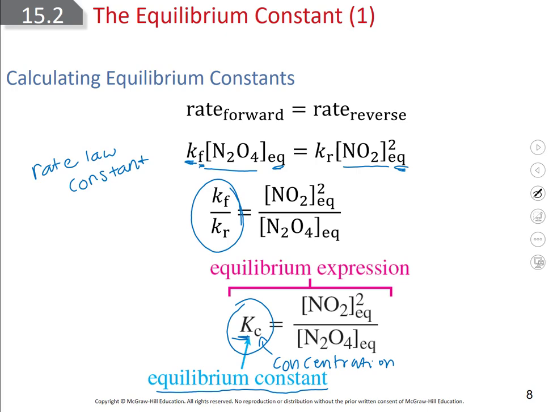So what we ended up with here was that this equilibrium constant was equal to NO2. Was that our reactant or our product from the original equation? That was a product. So this is going to be equal to the concentration of our products over the concentration of the reactants.